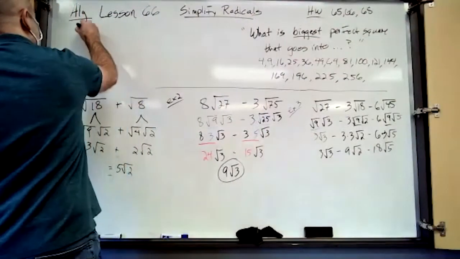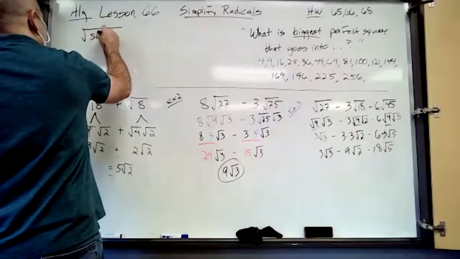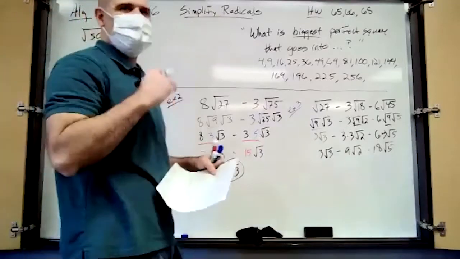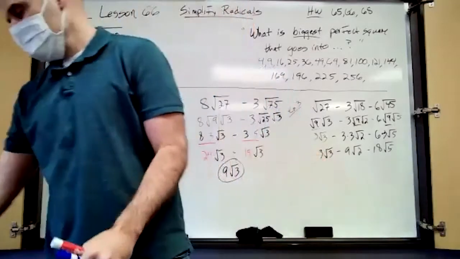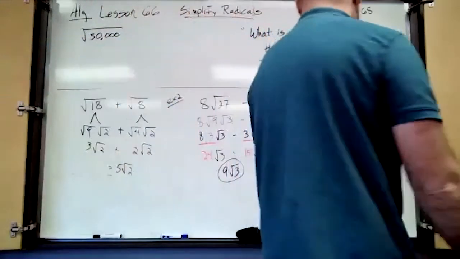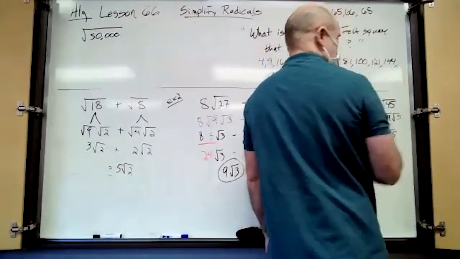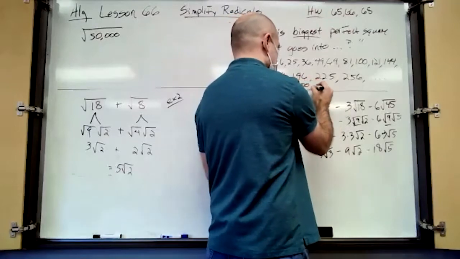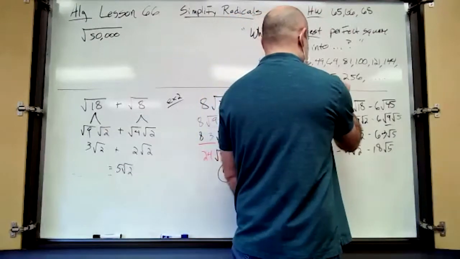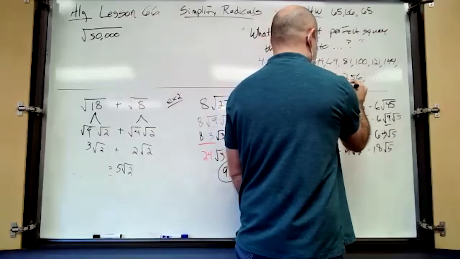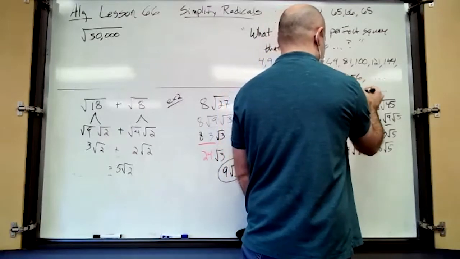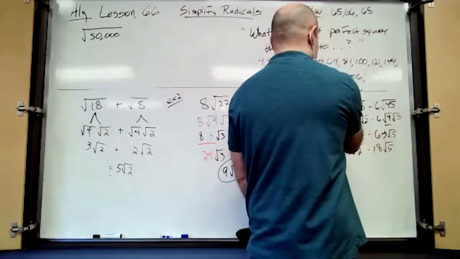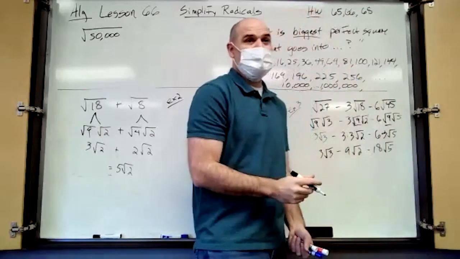So let's take the square root of 50,000. Well, 50,000 is not a perfect square, but there is a perfect square that goes into that. 10,000, not 100,000, but 1,000,000 is a perfect square. And there's a bunch of perfect squares in between that.